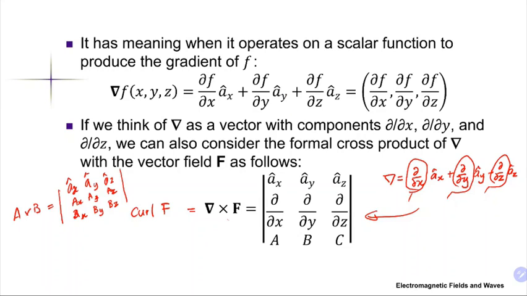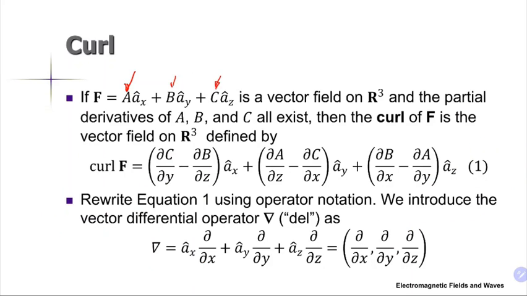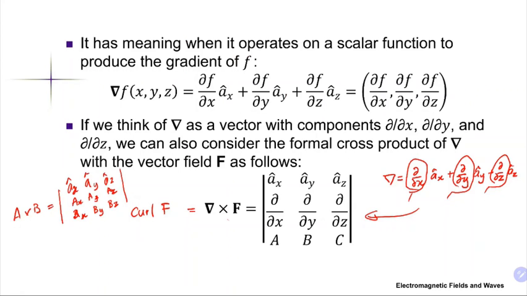To work out the curl, simply solve this three-dimensional determinant, and you can show that it equals equation 1. Solving the determinant: the first term is A-hat x, where we cross out its row and column and take the determinant of the remaining 2 by 2.